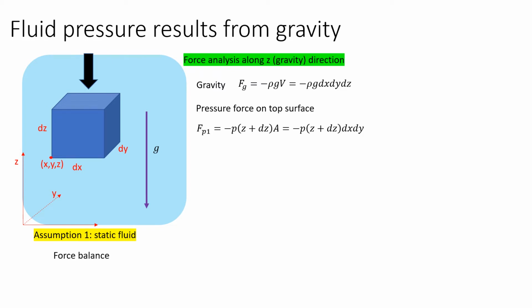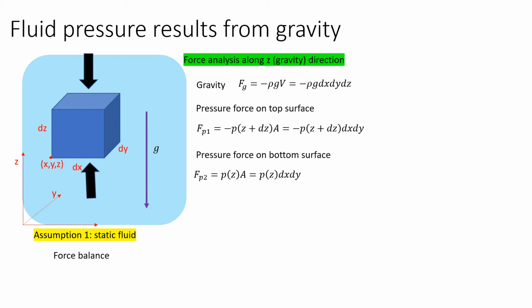We also have pressure on the top surface, which causes a force, we call it pressure force Fp1, equals pressure times the area, and it points downward, so it's negative. We denote the pressure location at z plus dz, and then times the area, and the area equals dx dy.